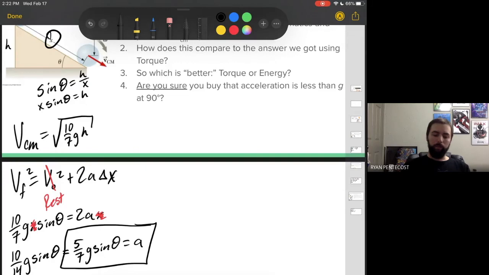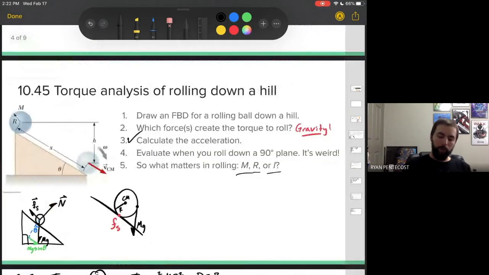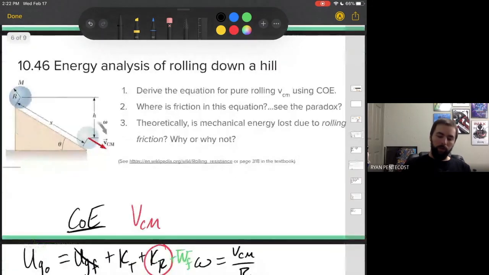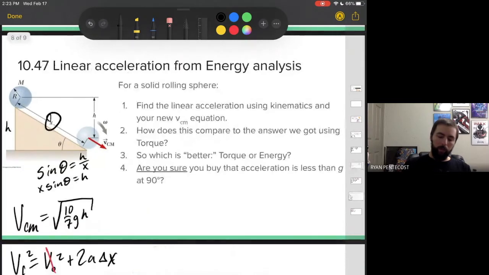Also on torque, we were able to go directly to acceleration, right? With energy, we found the velocity first, and then we had to use kinematics to get acceleration. So depending on what you are asked to do, torque can go directly to acceleration, right?